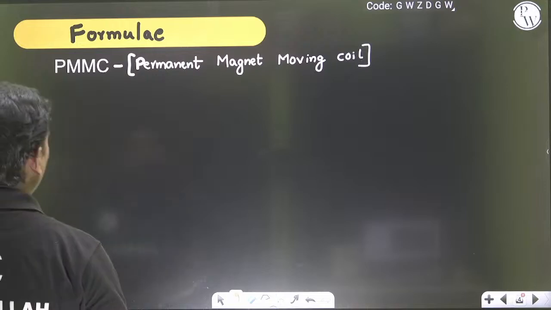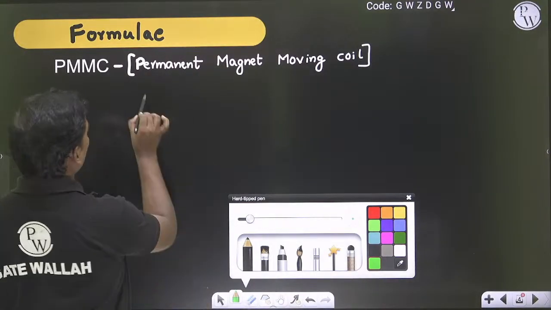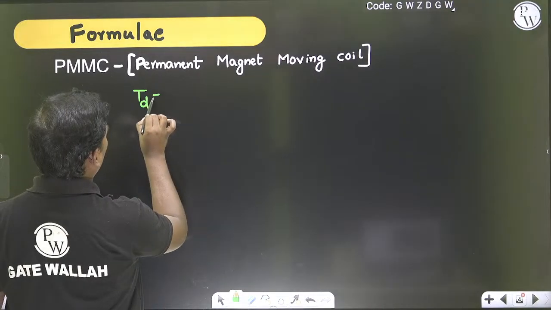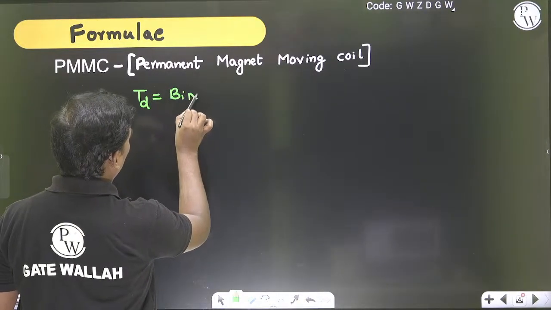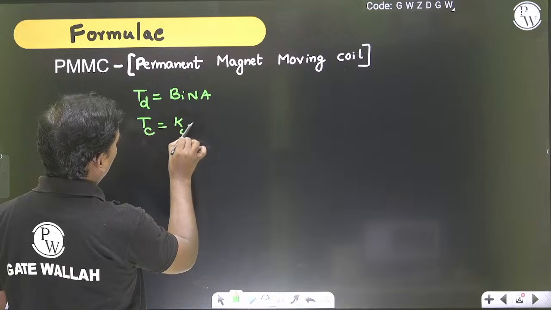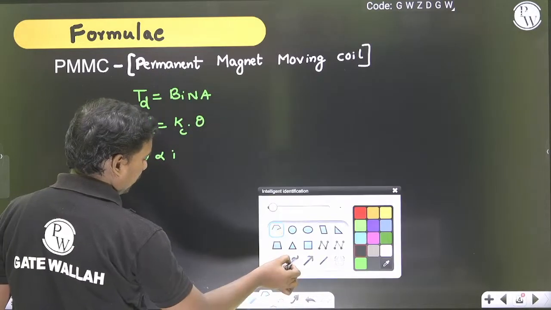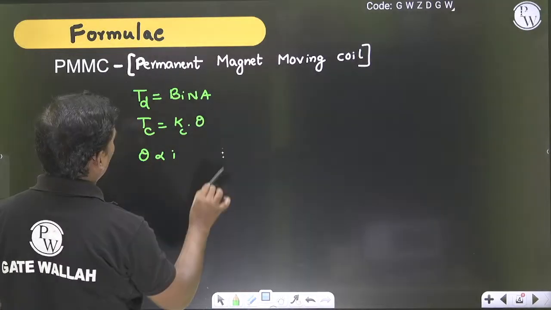What are the formulas? If you see the deflection torque formula, that is B I N A, and the controlling torque formula, that is Kc theta. So theta is proportional to I. So these are the torque expressions.